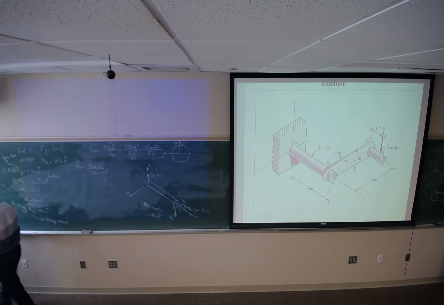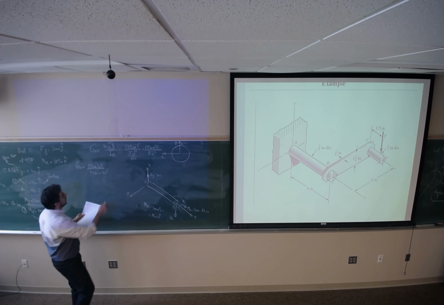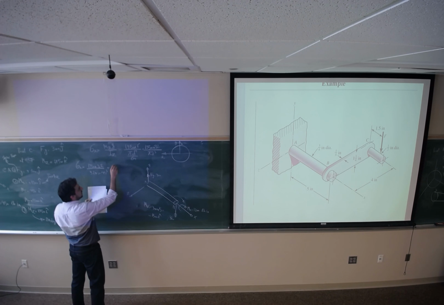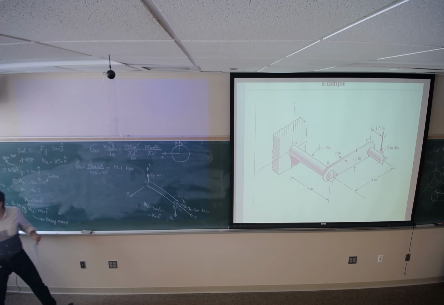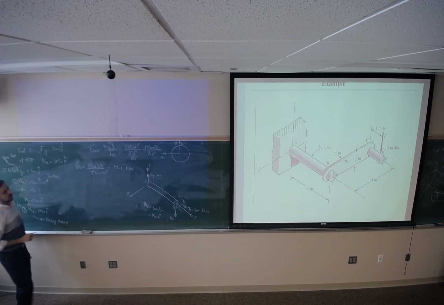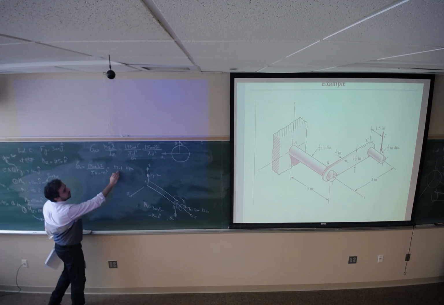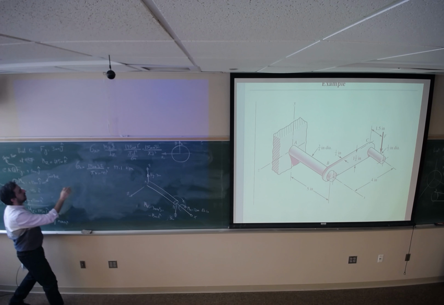You will find the normal stress due to bending, which is 47.1 kpsi. Wait, Dr. Gapi, on the denominator there, should that be a pi, not a 32? Thank you. Okay, that makes more sense. So it's going to be 47.1 kpsi due to this bending moment.